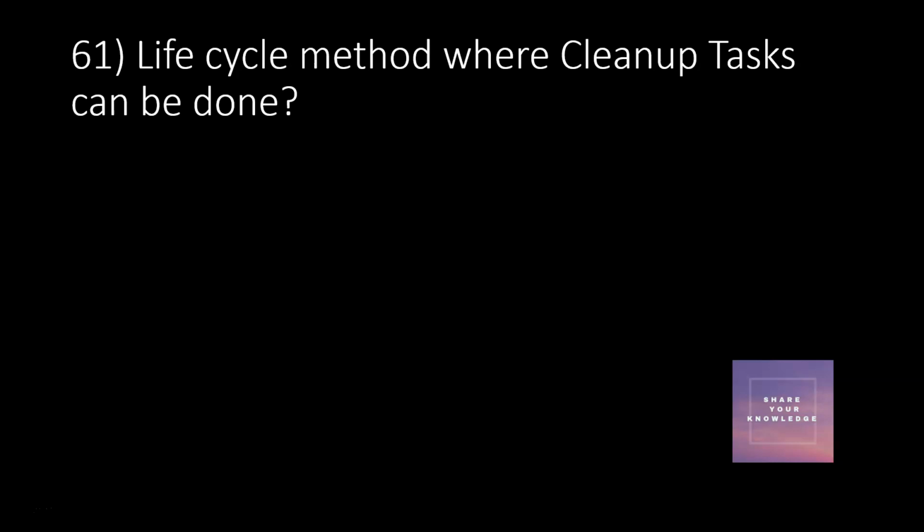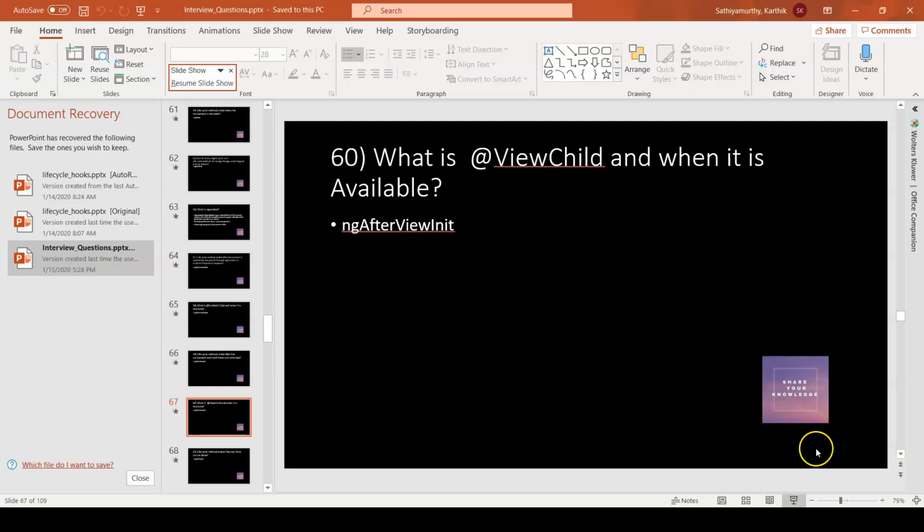Which is the lifecycle method where cleanup tasks can be done? It is simple. It is ngOnDestroy. This is the lifecycle hook which will be called when the user moves out of the component, or the component is destroyed. I can show you that in this example.